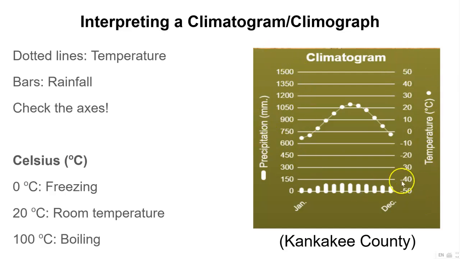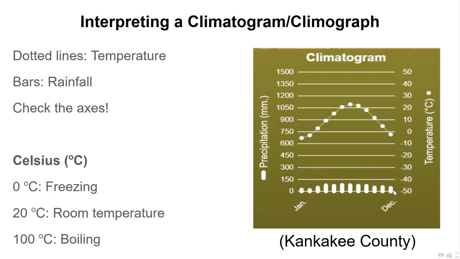And on this axis, we have different units, and this is going to indicate the temperature in Celsius. Okay, we'll go over that in a second. The dots in the graph are going to be temperature. The bars are going to be the precipitation. Okay, so make sure you're not mixing those up.